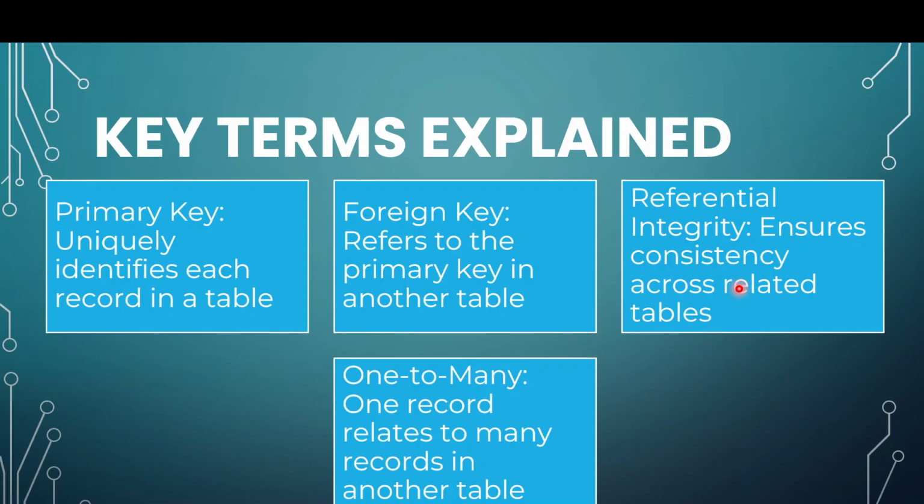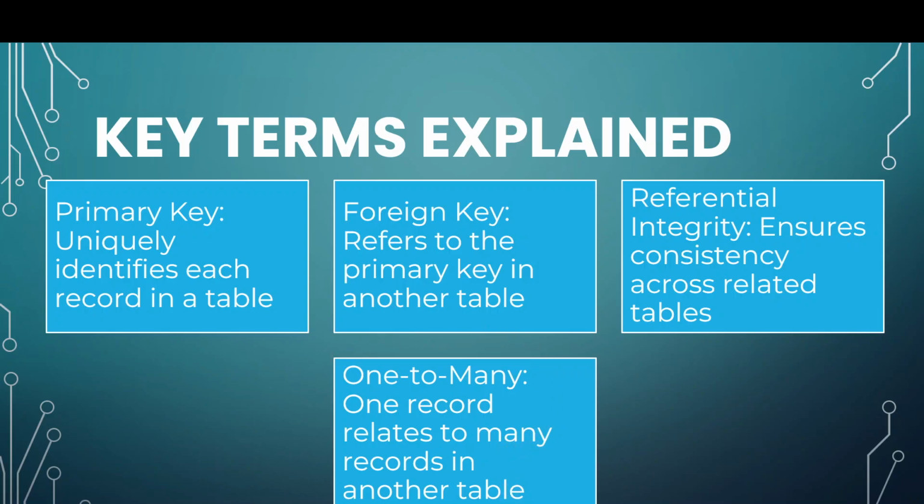If I have my student table with my students there, student X, student Y, student Z, and so on, and in my subject table I also have their student ID as a foreign key, I cannot assign a subject to any student that is not in the student table. That is what we call referential integrity. It helps us ensure that there is consistency across all our tables that are related.